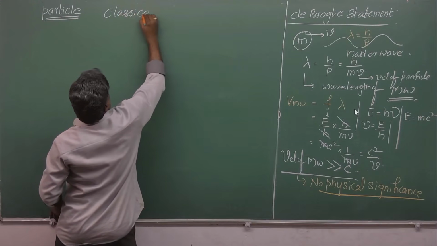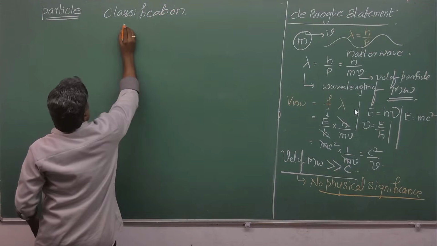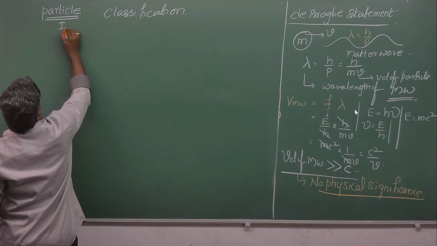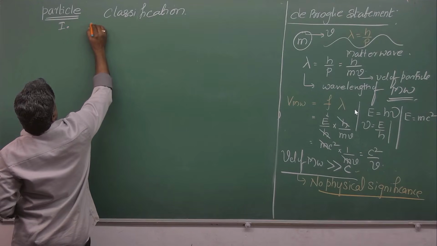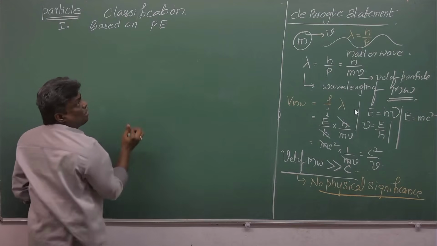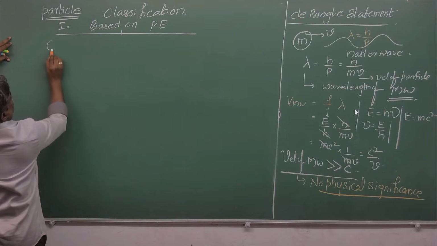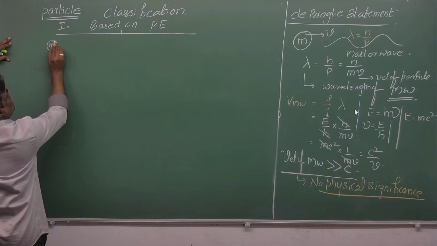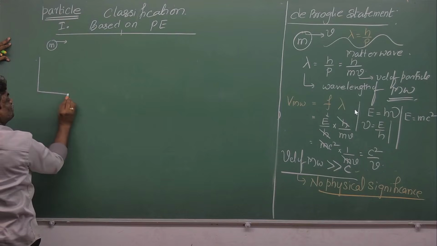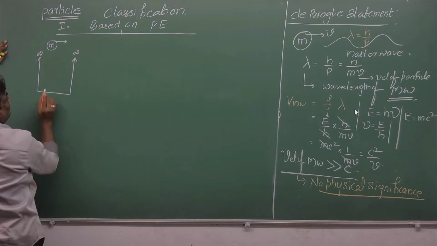Very important. First listen, don't write. Classification based on potential energy. Whenever there is a particle of mass m moving, for example, I have taken a 1D infinite box, of infinite height, and here is a particle.